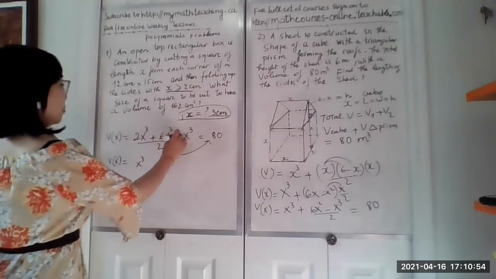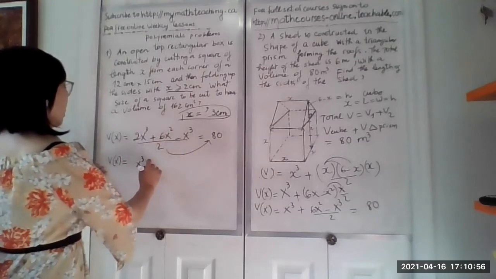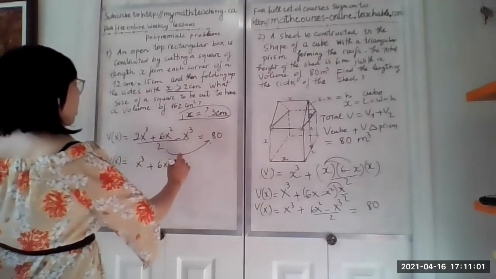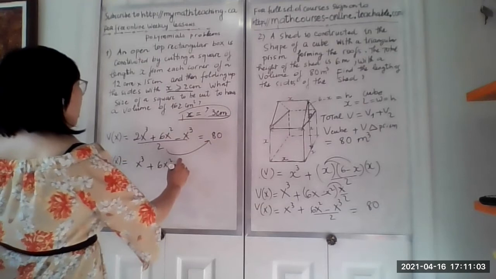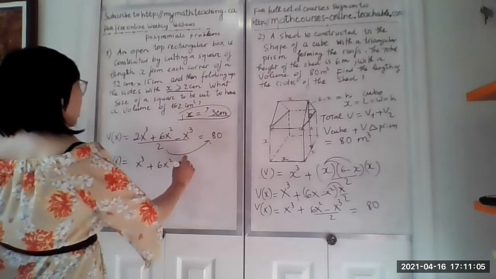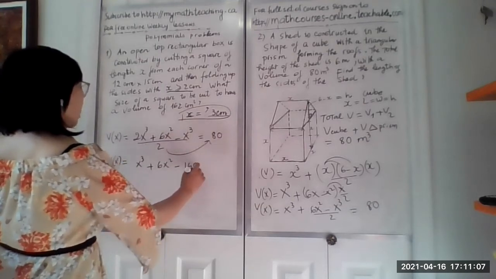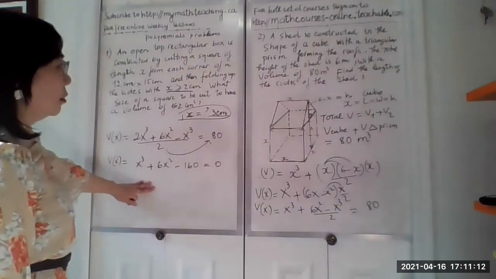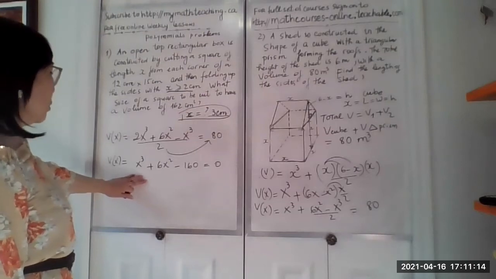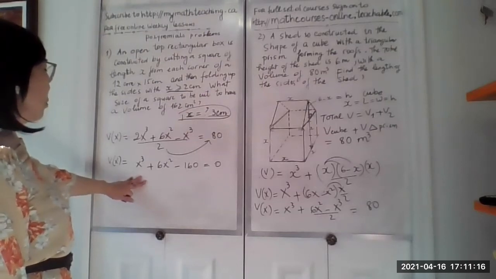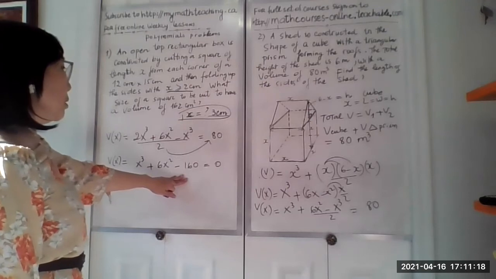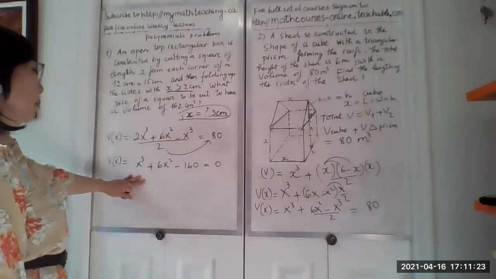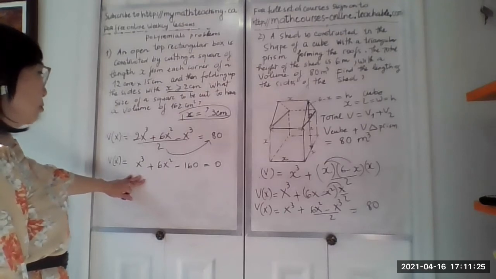I'm going to add this term, right? Adding with 6x squared and kick this number up. So I will have minus 160 equals 0. So now our job is to figure out what x will be, to make this expression become 0, right?